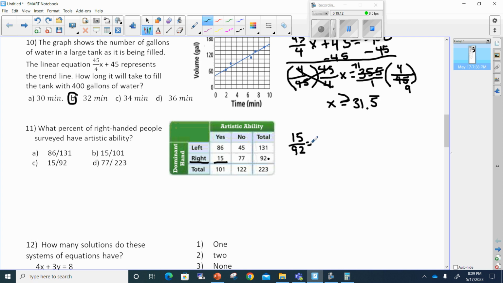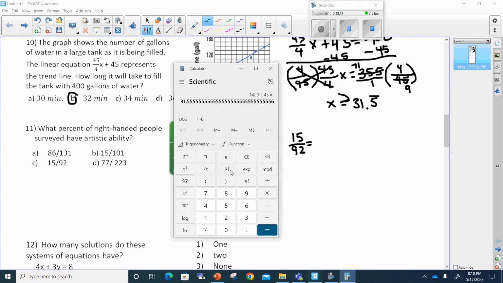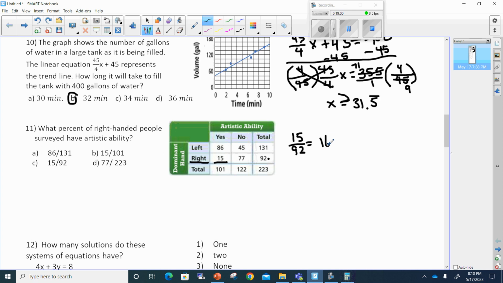So now I got to take 15 and divide it by 92. That's going to give me about 16.3, something like that, right? So now I'm going to have to take the, let's see, 163. Got to take that decimal and move it over twice. It's going to give me about 16%, I think, right?